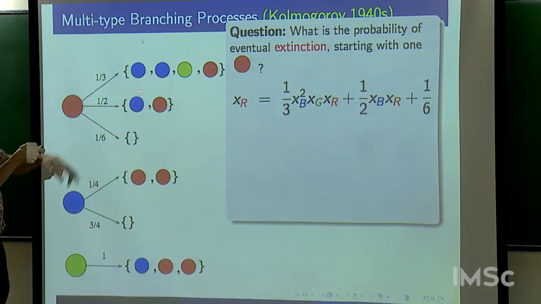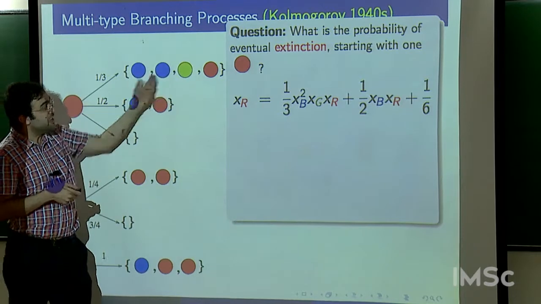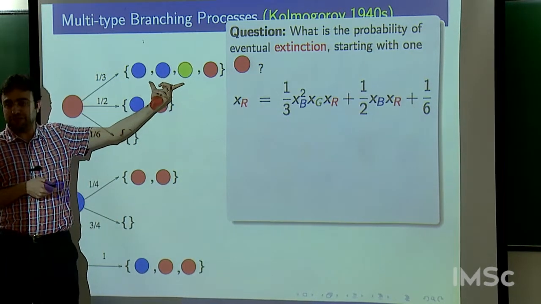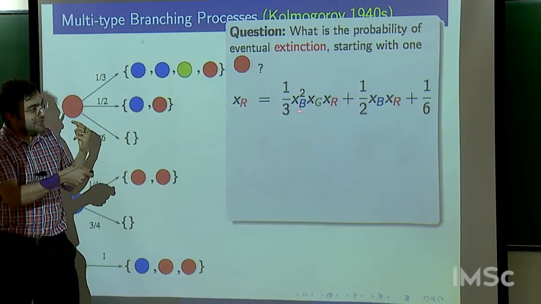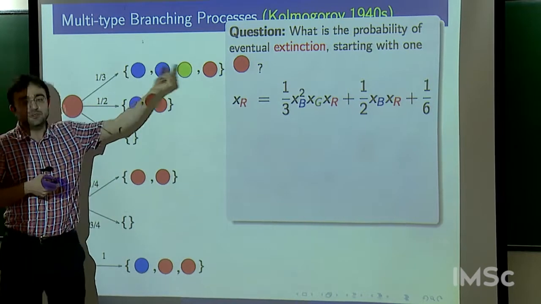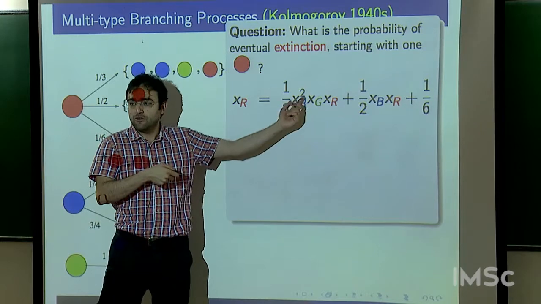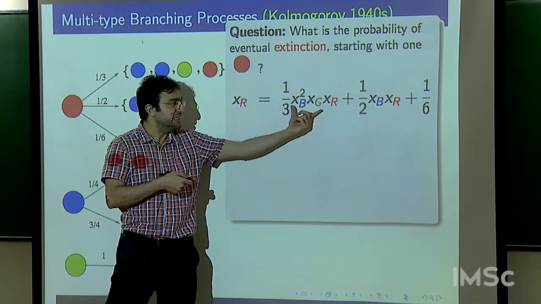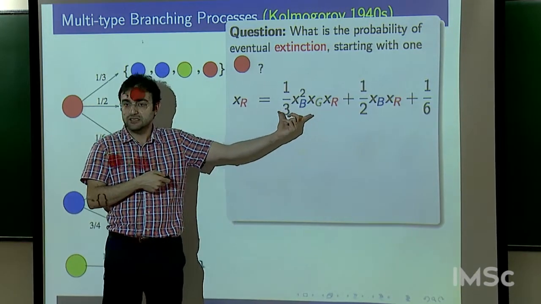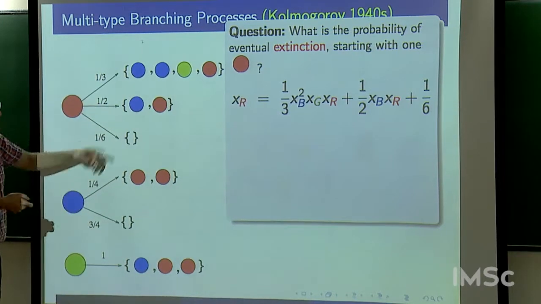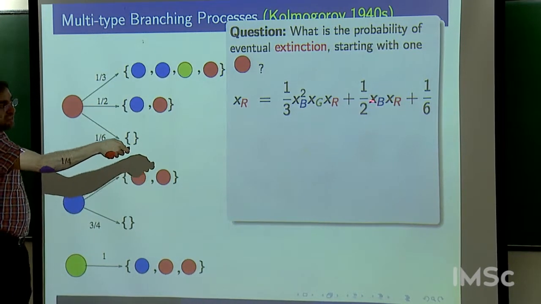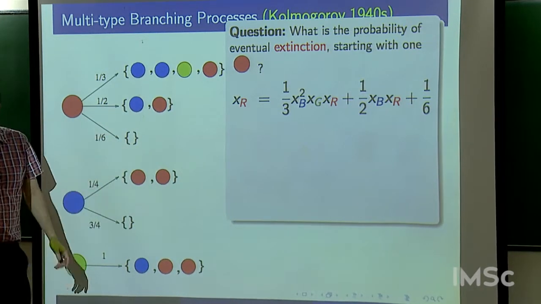But with 1/3 probability, I've generated these 4 objects as my children, and independently for each of those objects, I have to go extinct. So I have to effectively multiply the probabilities of all of those things going extinct, and that's where this monomial arises. And likewise, with 1/2 probability, I have to go extinct from one blue one and one red one, okay?